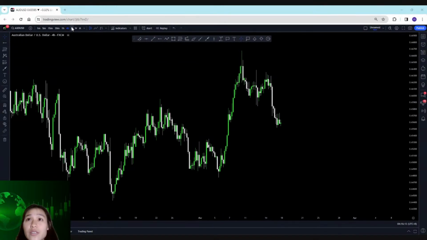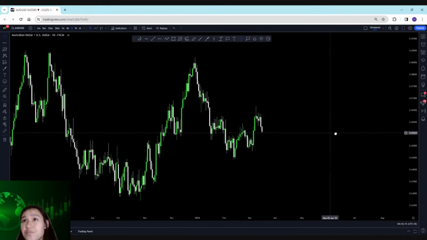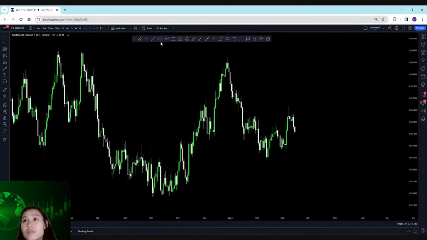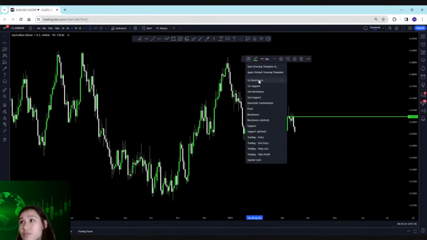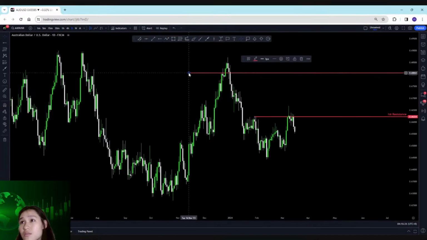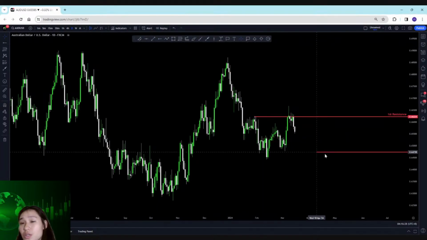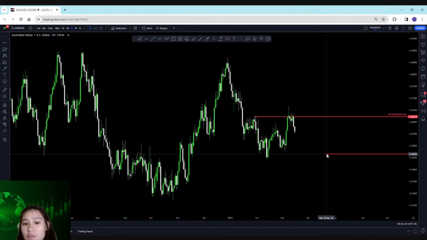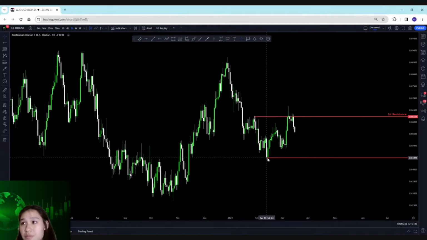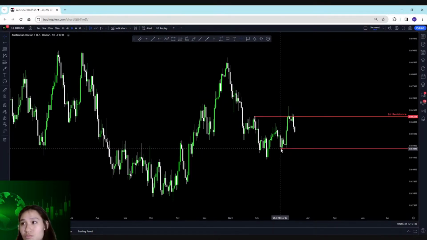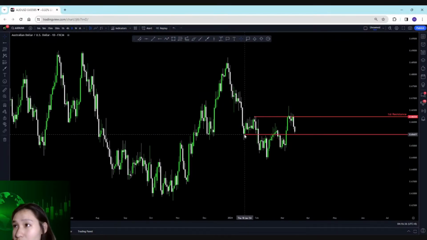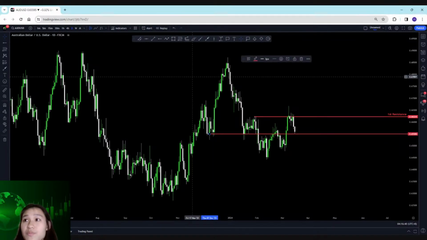Starting off with our daily time frame again. My first resistance will be over here. First support here. My pivot I'll probably place over here at this multiple swing low.